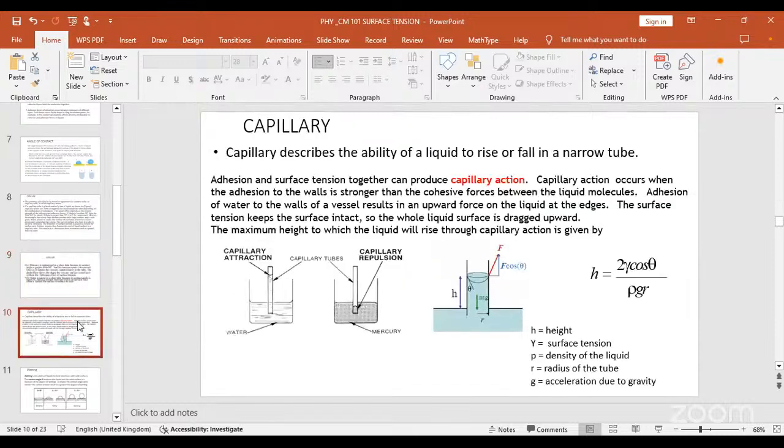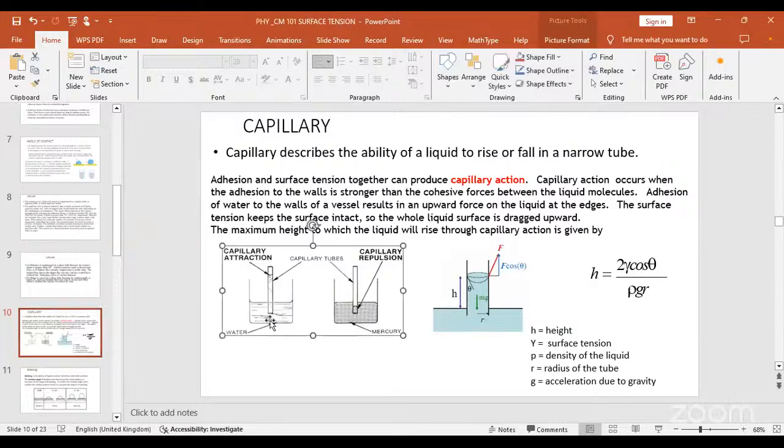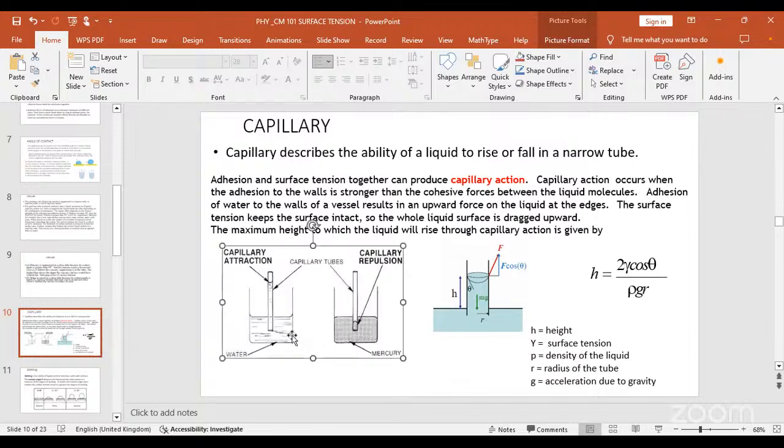The B part is the case I'm trying to talk about in this one. The first case here is water.